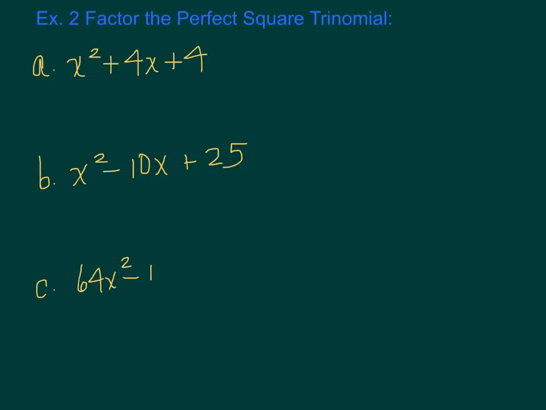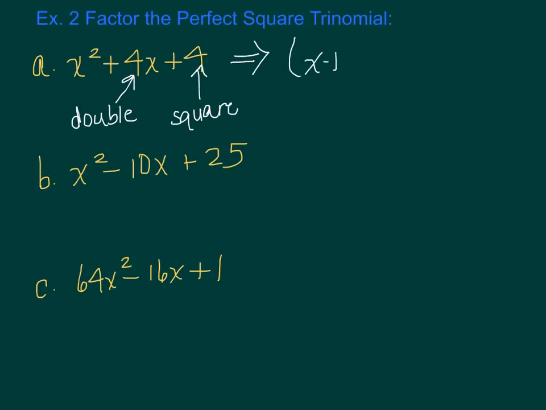So what we have to do is figure out what number can I double to get 4, but if I square it, I get 4. So this is double square. And the only number that works is 2. So that's x plus 2 squared. Or you can write it twice.